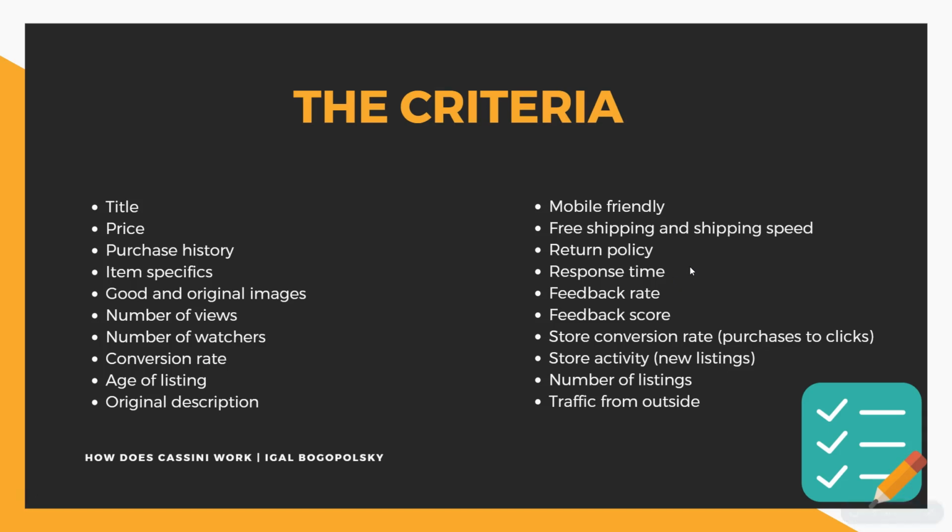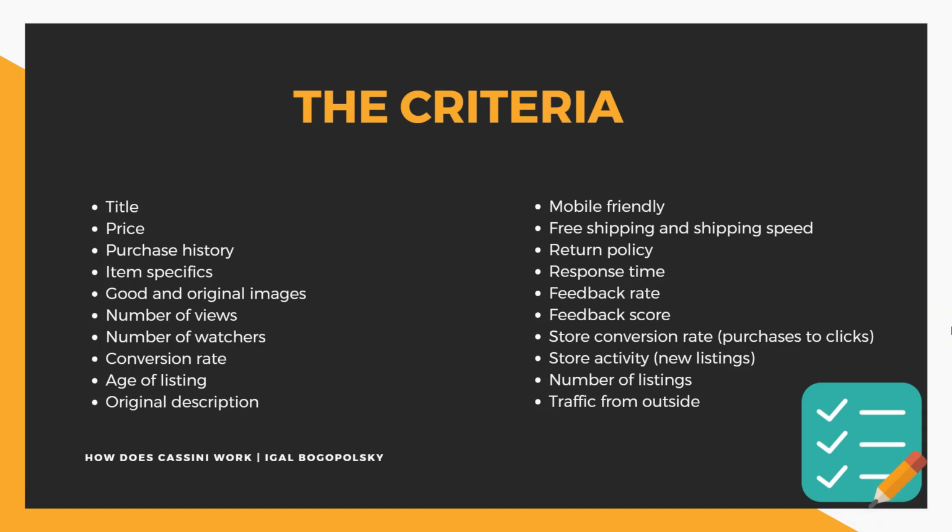Feedback rate and feedback score. Now, I must say that your total feedback score, meaning let's say you have 10 feedbacks or 1,000 feedbacks, doesn't play as high a role as the feedback rate. If you have a 99 or higher feedback rate, you will be regarded as a good seller and someone who has a good buying experience.